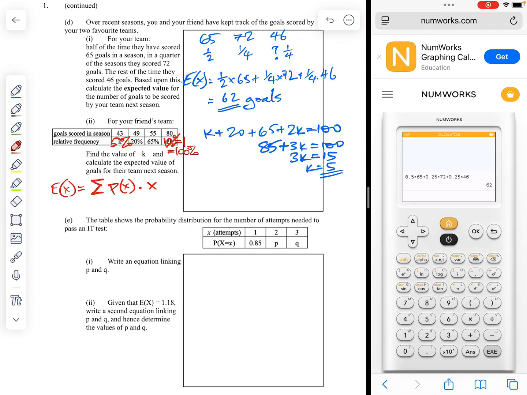Now we're ready to go with this same formula as we've had before. So our expected value of x is going to be the probability.